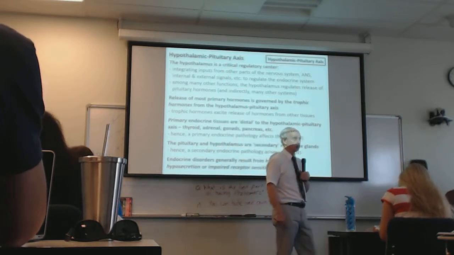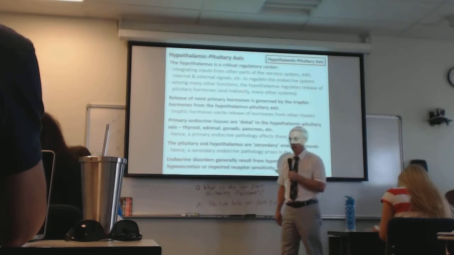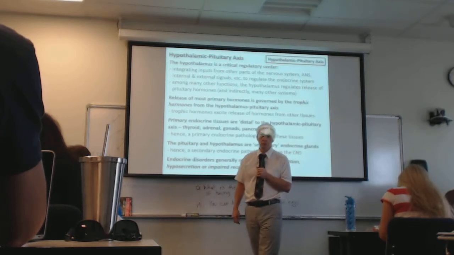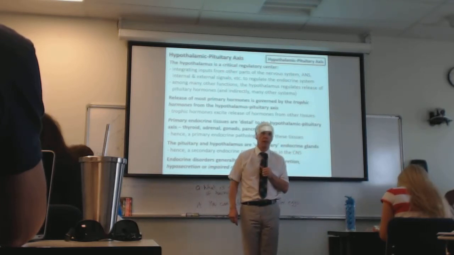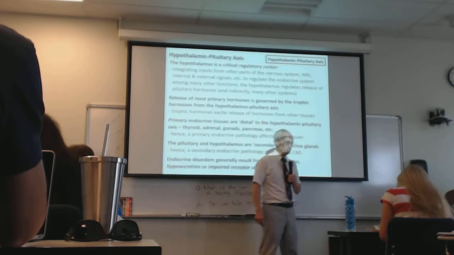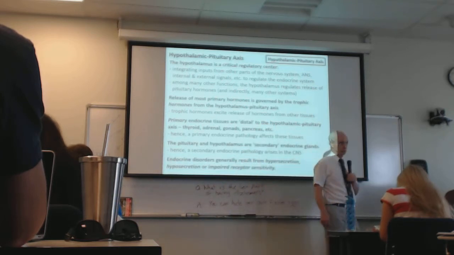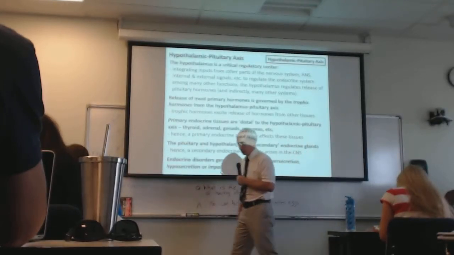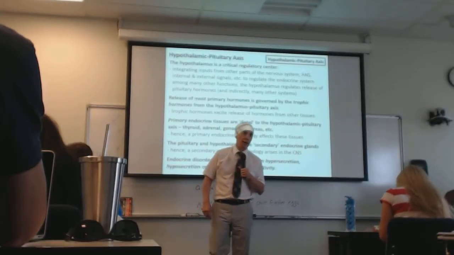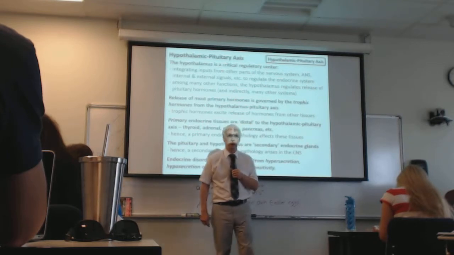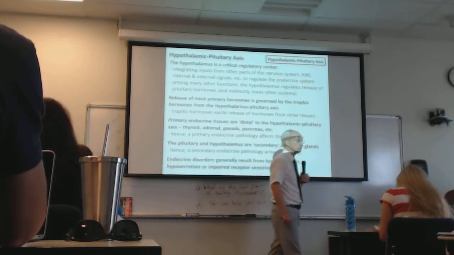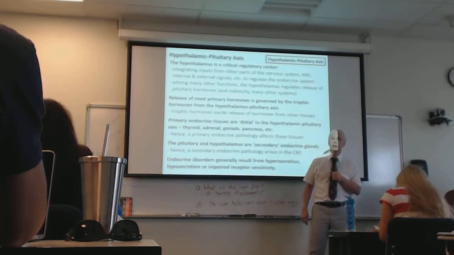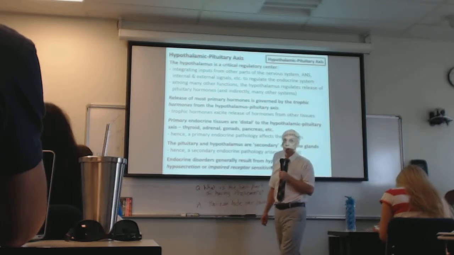A secondary hormone originates in the brain, with some exceptions, but that's the general rule. A primary hormone originates peripherally, for example, in the thyroid gland, or the gonads, or the adrenal gland, pancreas. But you would agree, most of those tissues are not in the brain.